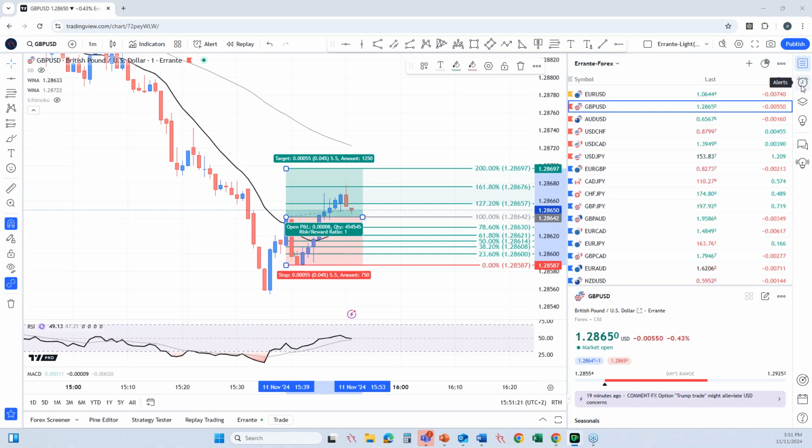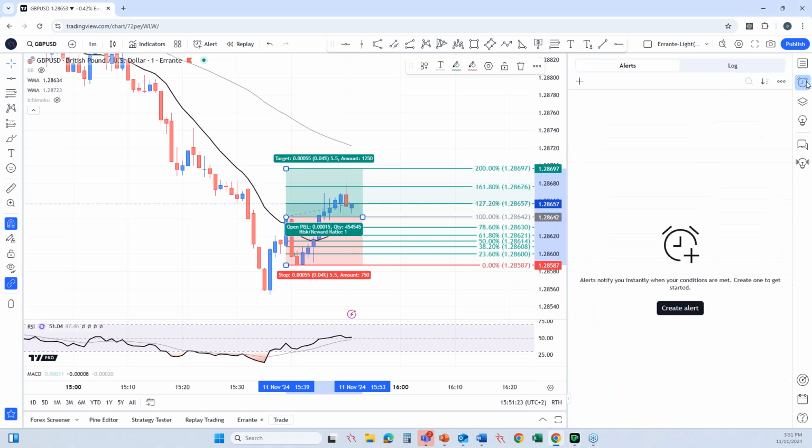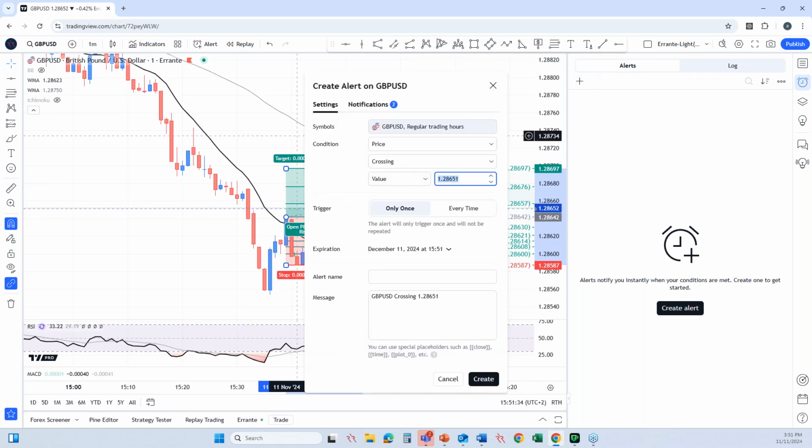You can go here, so you see this clock icon here is for alerts, and here, for example, you can set any alert you like on this instrument.